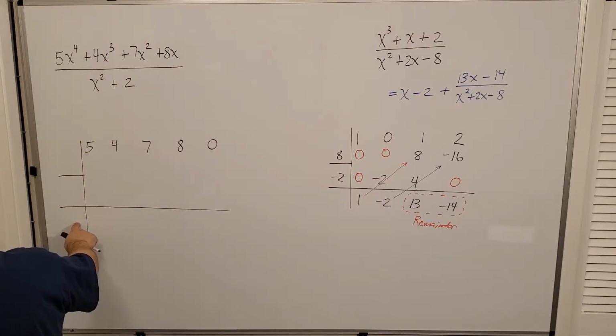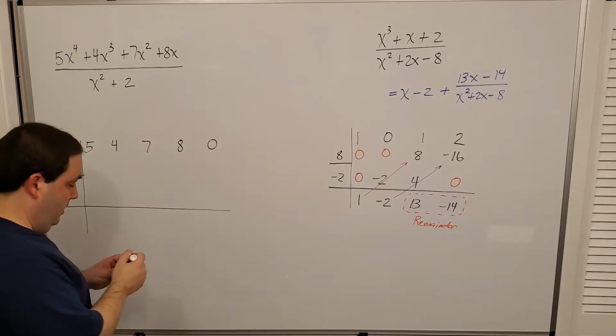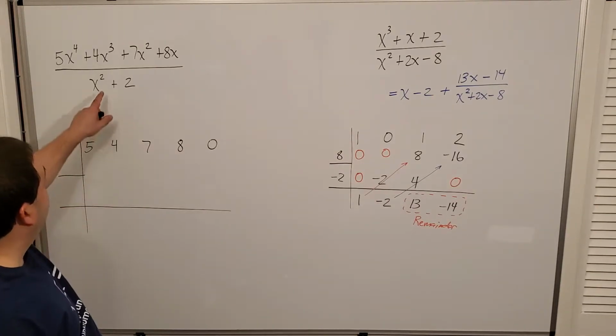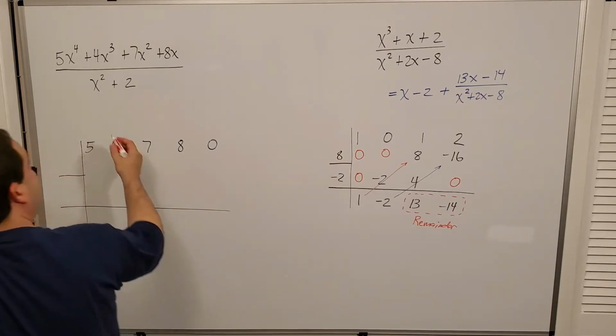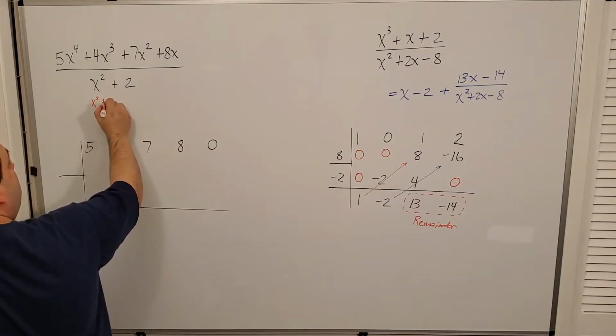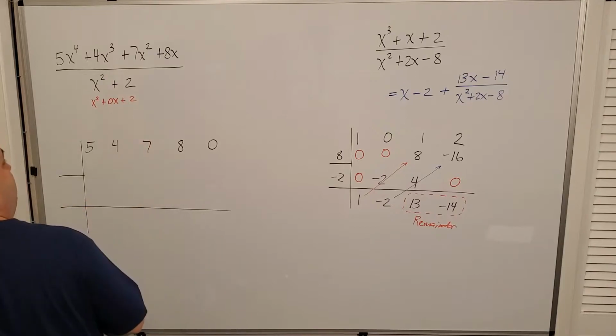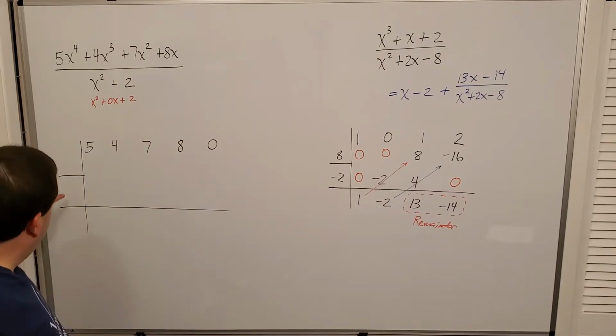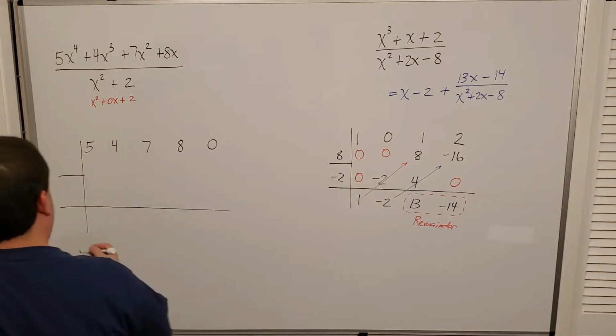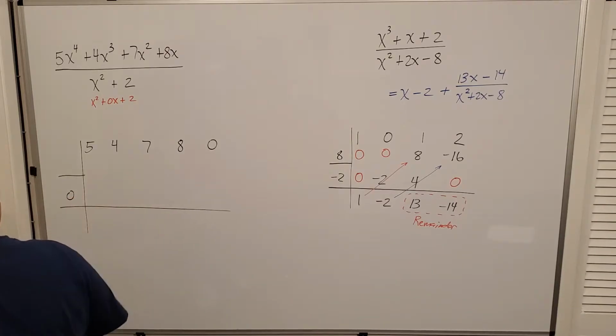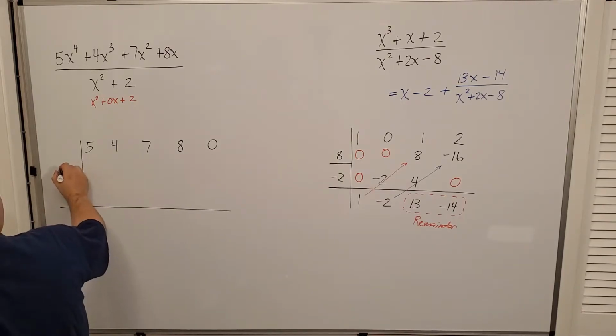I'm going to start counting in order, right? Now, real quick, don't forget, this x squared plus 2 technically is x squared plus 0x plus 2. So when I'm filling in my box values here, the first one that I have to put is 0. Then I move up and -2.